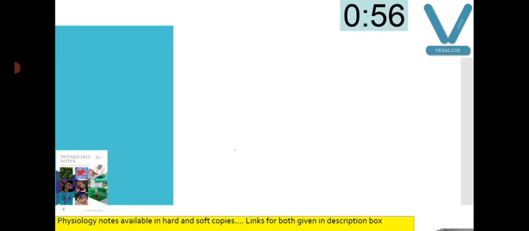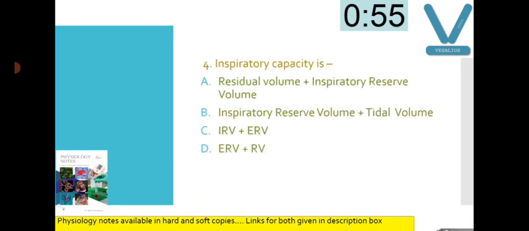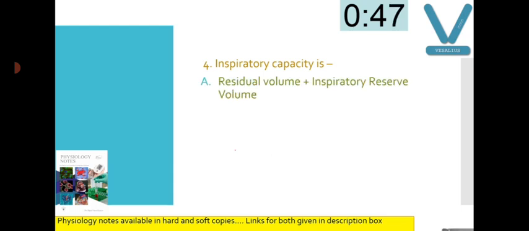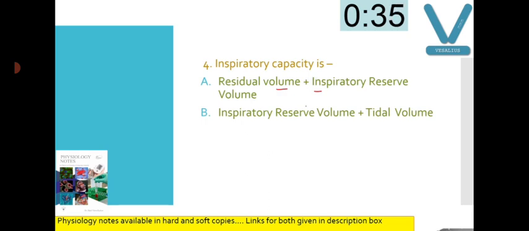Inspiratory capacity. Inspiratory capacity is residual volume plus IRV? Here if it is residual volume plus IRV, there is no such capacity. IRV plus tidal volume, tidal volume is 500, IRV is 3000.